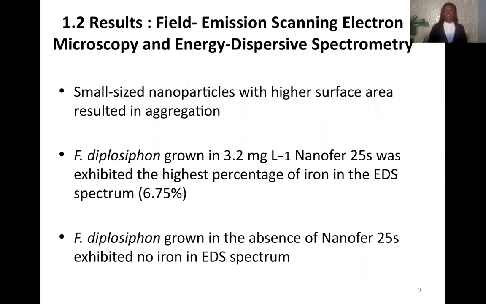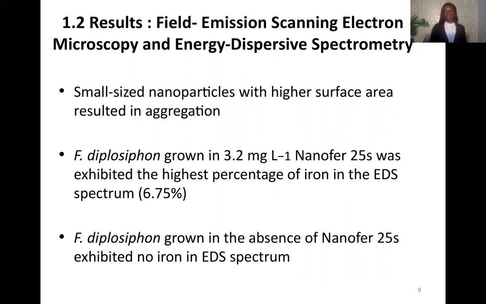Results revealed that the percentage of iron in the EDS spectrum for B481SD cultures grown in 3.2 milligrams per liter of Nanofer 25S zero-valent nanoparticles was 6.75%, while that of cultures grown in the presence of nanoparticles at concentration 0.8 milligrams per liter was only 0.73%.